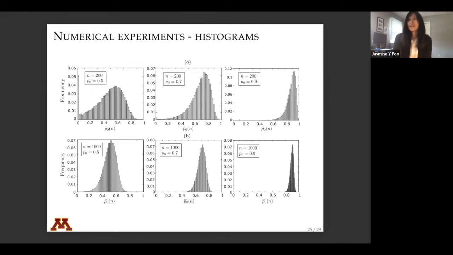So to test out this estimator, we generated synthetic data from multiple independent subclones of size n with true extinction probability P naught varying. Here we have n equals 200 in the top row and n equals 1000 in the bottom row, and P naught varies in each column.